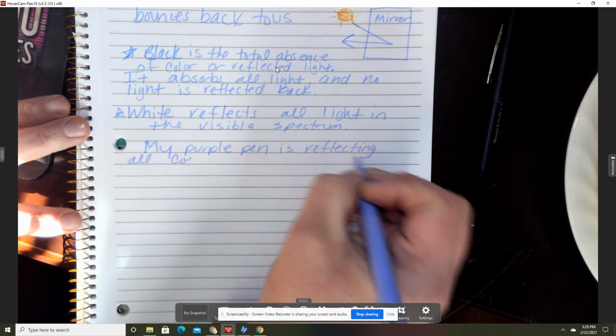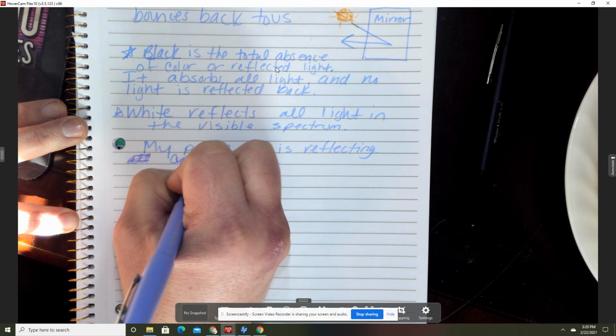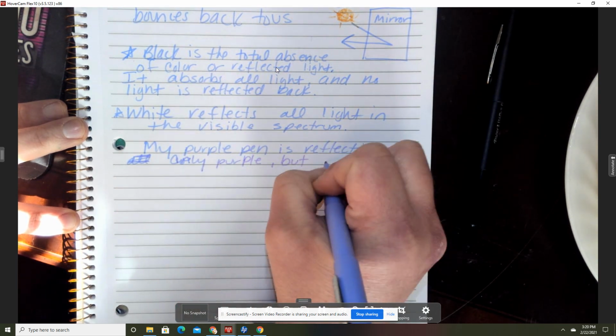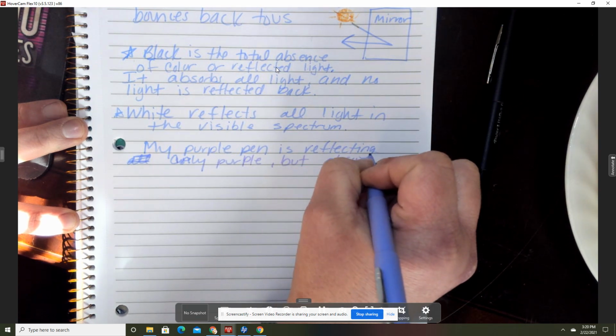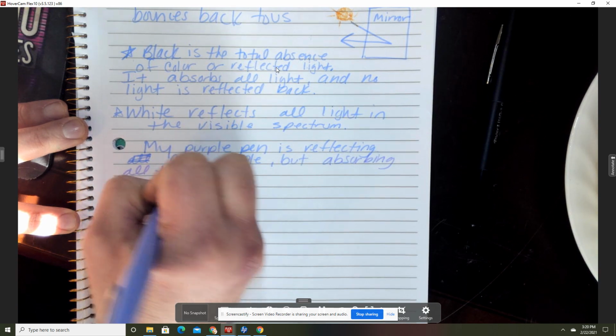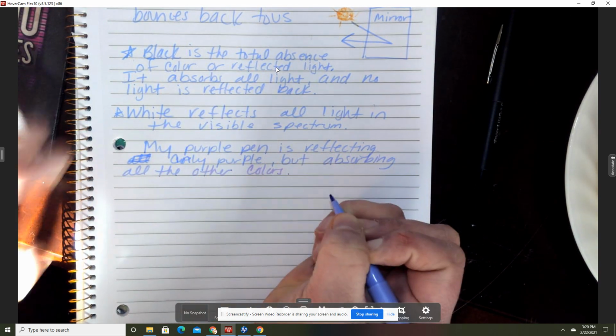So it is reflecting only purple, but absorbing all the other colors.